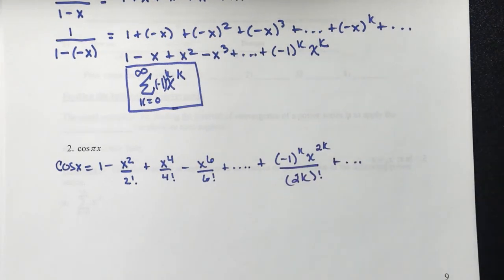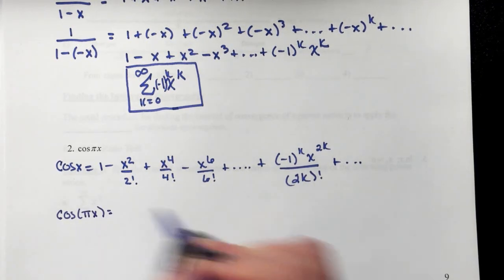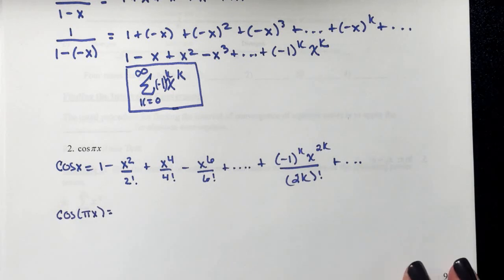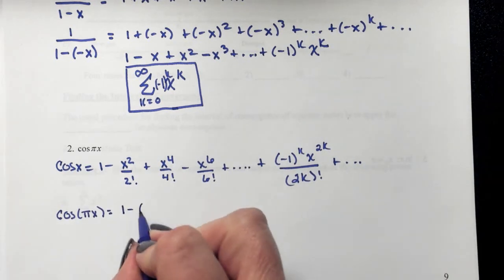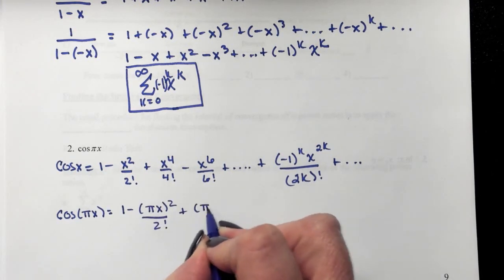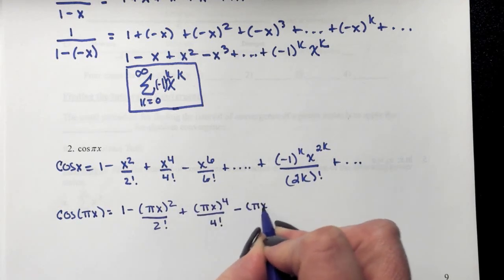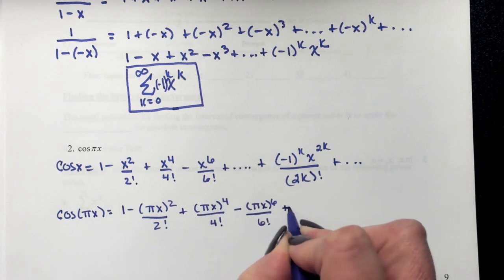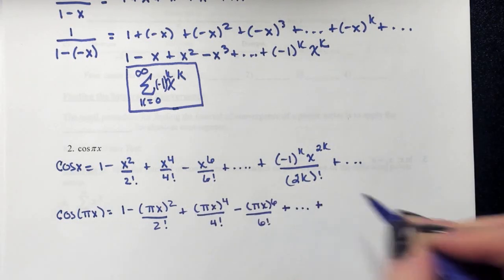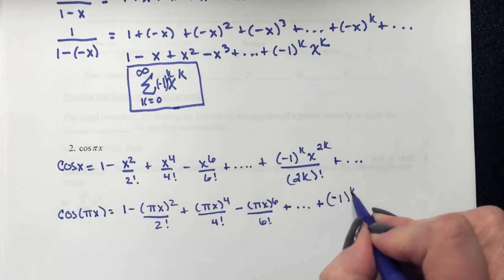So if you know what the Maclaurin series for cosine of x is, then you can find the Maclaurin series for cosine of pi x, because all you're going to do is take out your x's and replace them with a pi x. So 1 minus pi x to the second power over 2 factorial plus pi x raised to the fourth power over 4 factorial minus pi x to the sixth power over 6 factorial. So then when it comes to generating your general term, we can simply replace your x with a pi x.